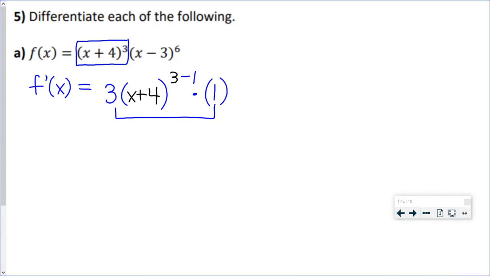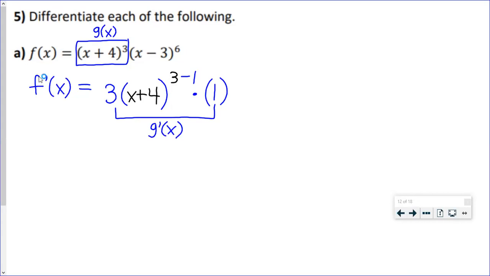Okay, so if this is my g of x, for example, this is going to be g prime of x. Now, the product rule says we take the derivative of the first function and we have to multiply it by my original second function.